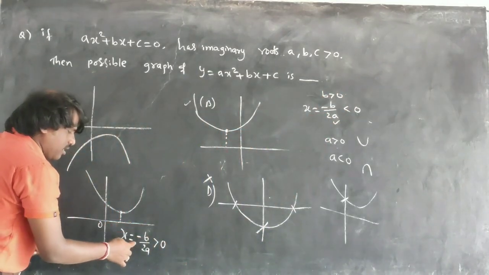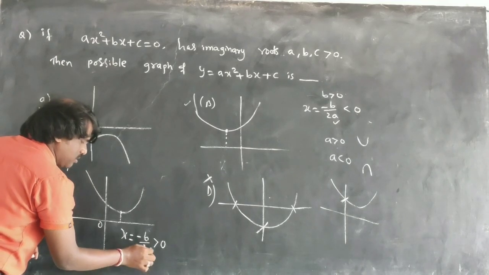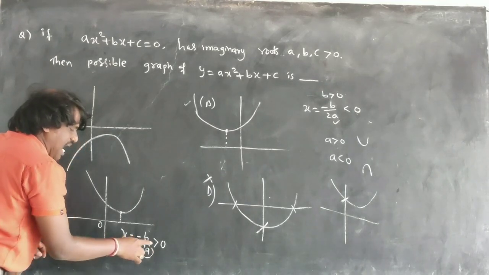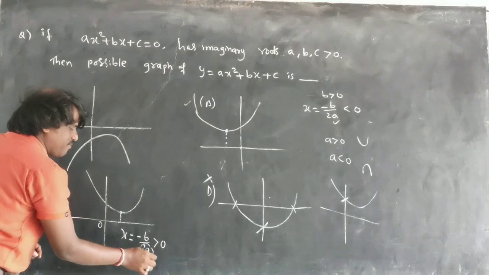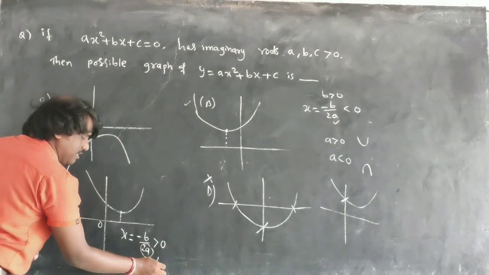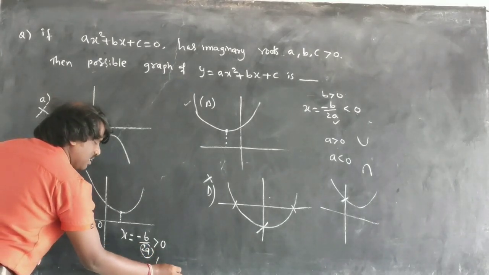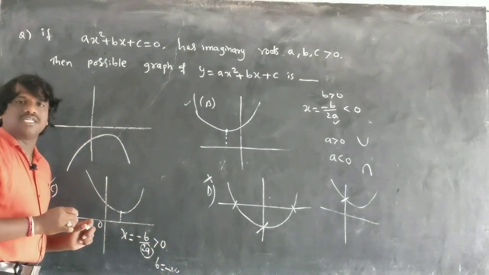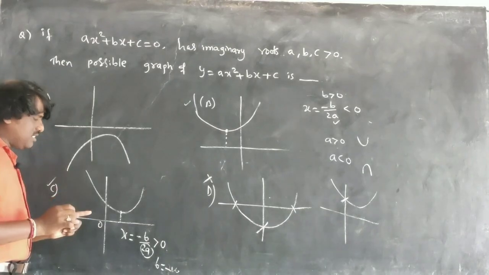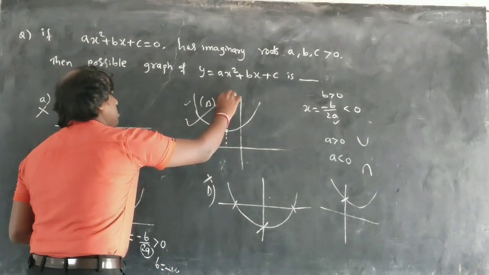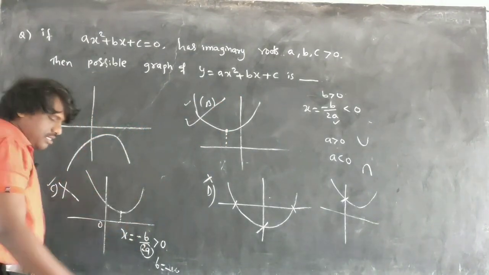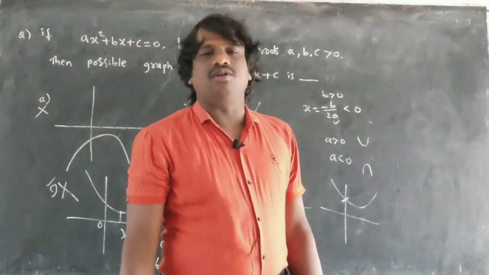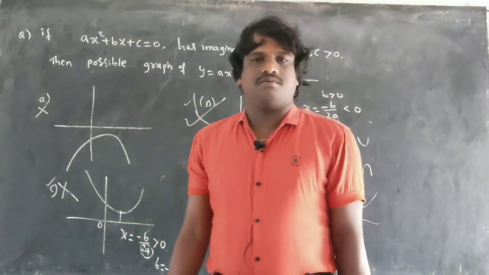A is already positive, and to get the result positive here I have to get B also positive; if B is negative, negative into negative is positive. So it means option B is the right answer and C is the wrong answer. This is the way to deal with the sign of quadratic equations.